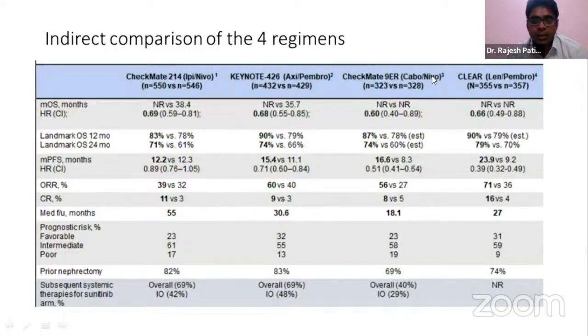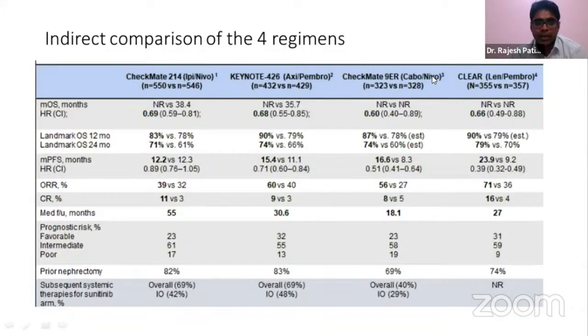If we compare different combinations of immunotherapy with TKI, the median overall survival hazard ratio ranges from 0.69 to 0.60. So almost all immunotherapy drugs with TKI have given nearly equal survival in terms of hazard ratio.